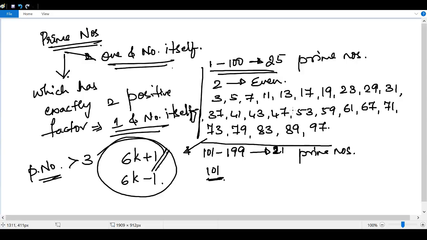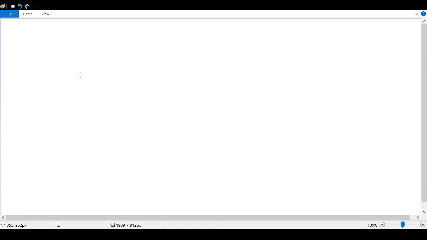So you pick any of these prime numbers greater than 3, you will see that they are all either 1 less or 1 more than a multiple of 6. So it makes sense. It can always come in handy for us when people are talking about prime numbers.